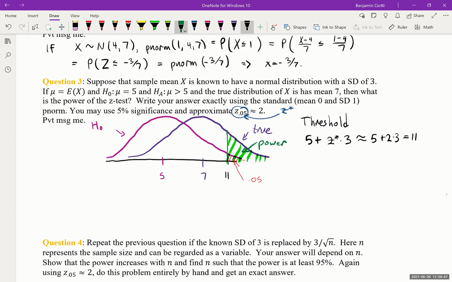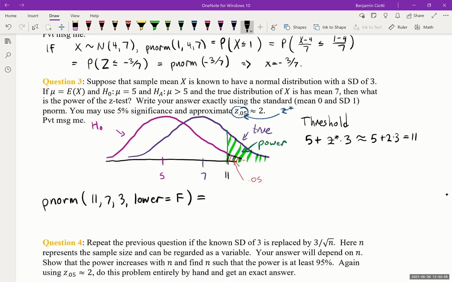Okay, so let's see, I guess if I standardize the number 11 relative to the true mean and standard deviation, I can find the area under that to the right. Like I could write this without standardizing as P norm of 11, 7, 3, lower equals false.